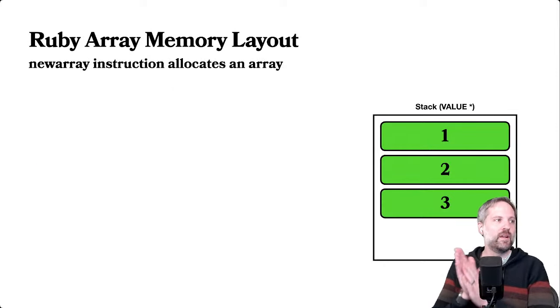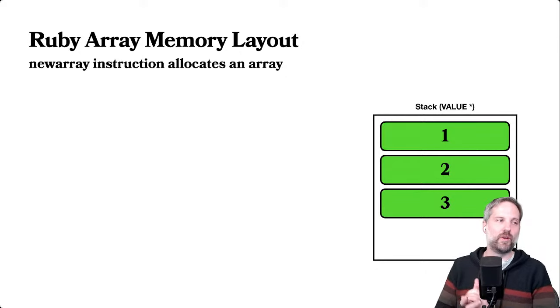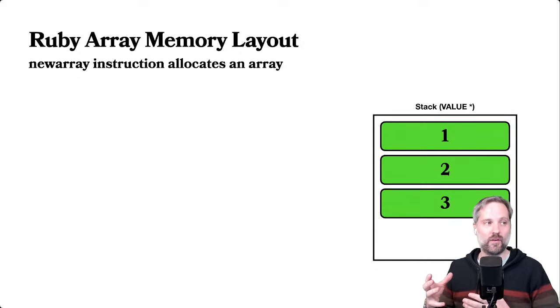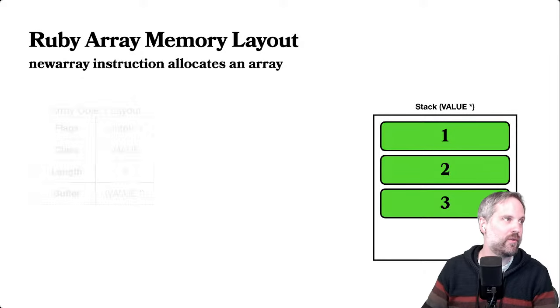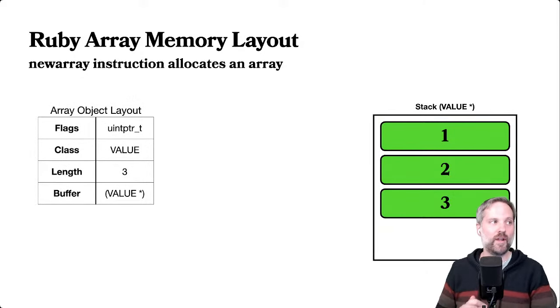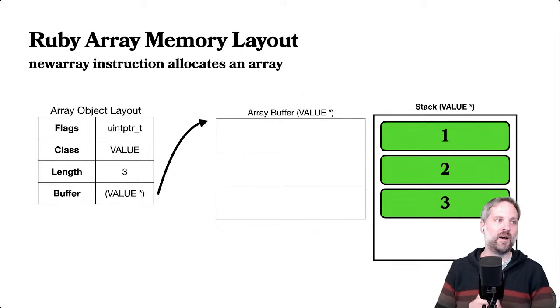Let's take a look at one other thing. The new array instruction allocates a Ruby object. It knows the length of the array that it wants to allocate from that instruction. We saw it when we said new array 3. The first thing it does is allocate an array object, and the array object has the length 3 inside of it. Then it allocates a buffer for the array contents.